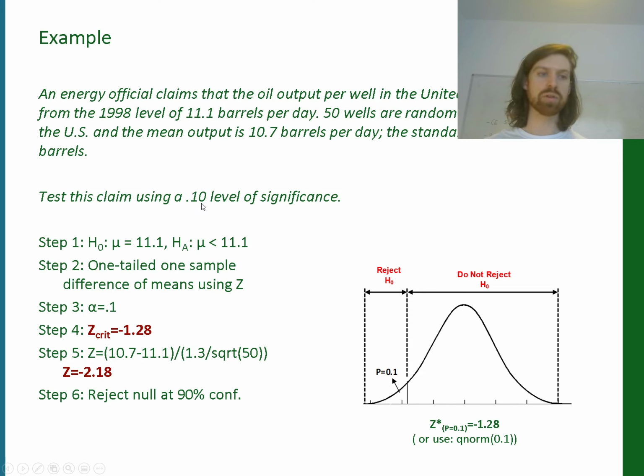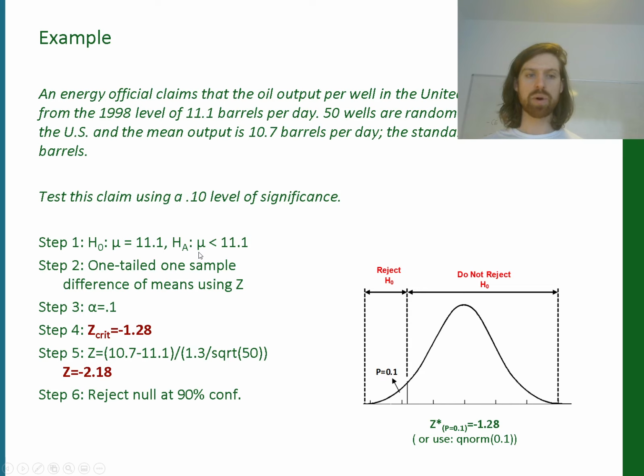That's the significance level. And we want to run through those 6 steps now in order for us to assess this. So the null hypothesis will be that the mean that we've collected is the same as the population mean up here, so 11.1 barrels per day.